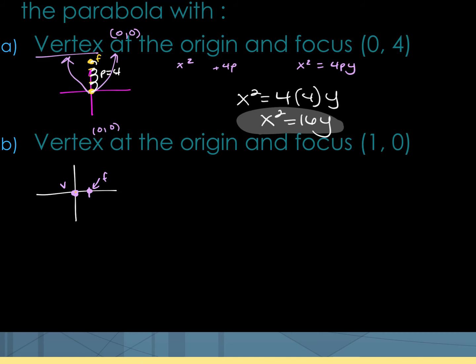To the right. What variable is squared? Y. 4p positive or negative? Positive, because it's right. If it was left, it'd be negative. And what is p? 1. Y squared equals 4 times 1 times x. Y squared equals 4x.